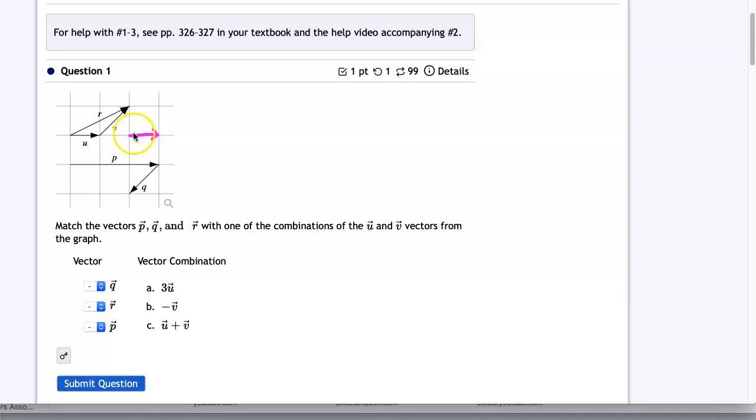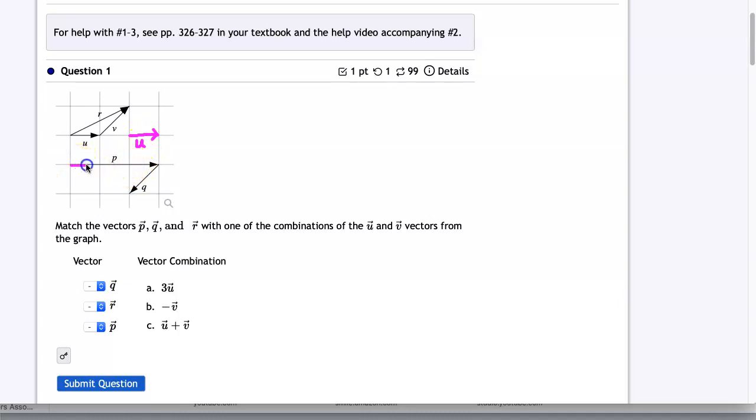So this pink arrow that I've drawn right here, even though it starts and ends at a different place, is also vector u because it has the same magnitude, the same length, and the same direction. So when we're trying to match together vector combinations, all we have to do is consider the length and the direction. So let's look at vector p.